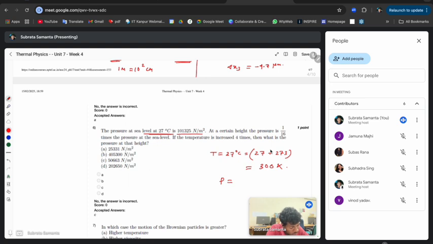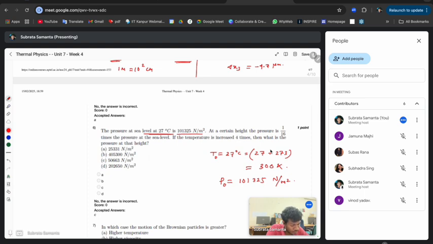I denoted the pressure at sea level as P naught, and the temperature at sea level as T naught. The pressure P naught is 101,325 Newton per meter square, so this is in SI units.